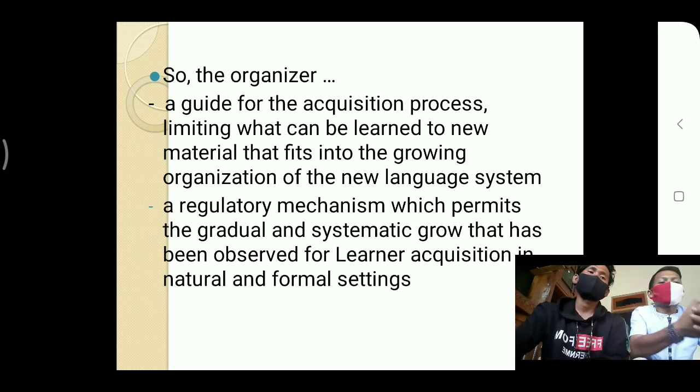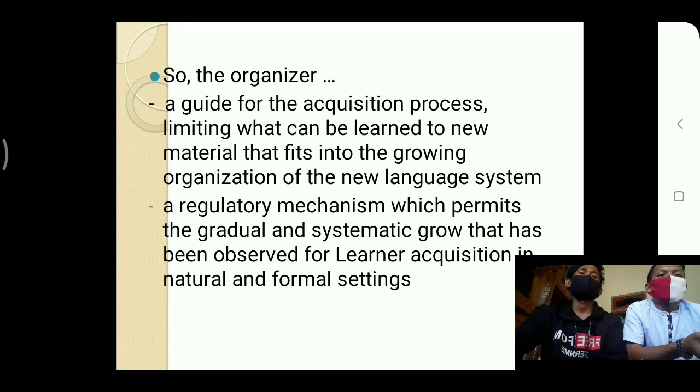So the organizer is a guide for the acquisition process, limiting what can be learned to new material that fits into the growing organization of the new language system.